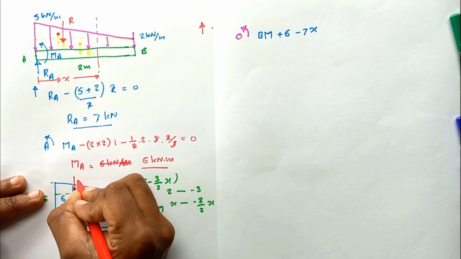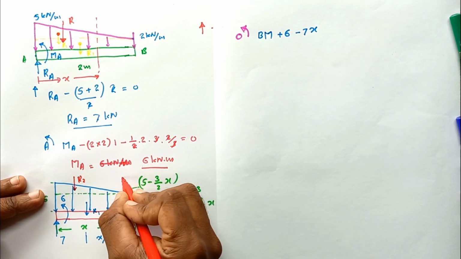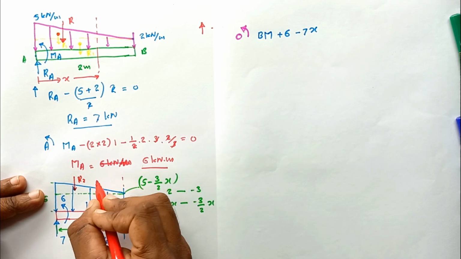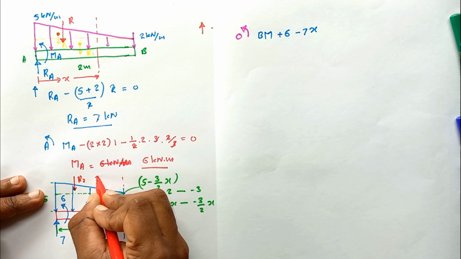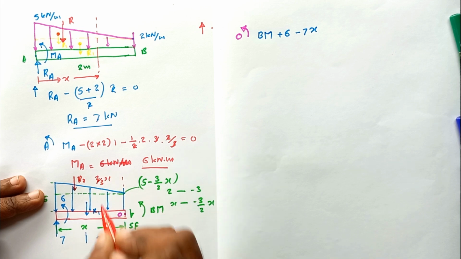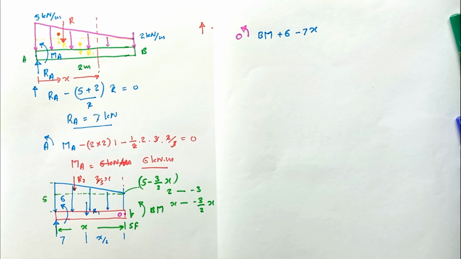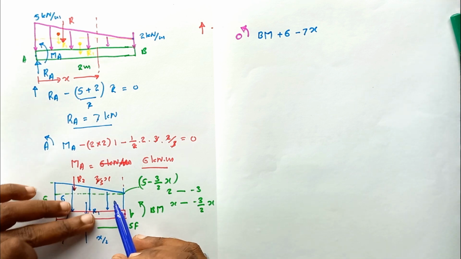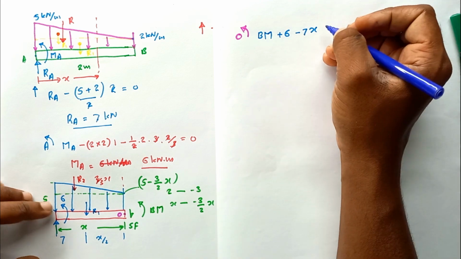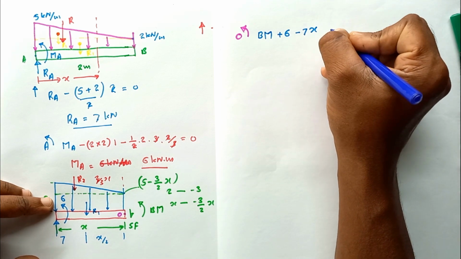The resultant R2, the distance from the O point, is equal to 2/3 of x.